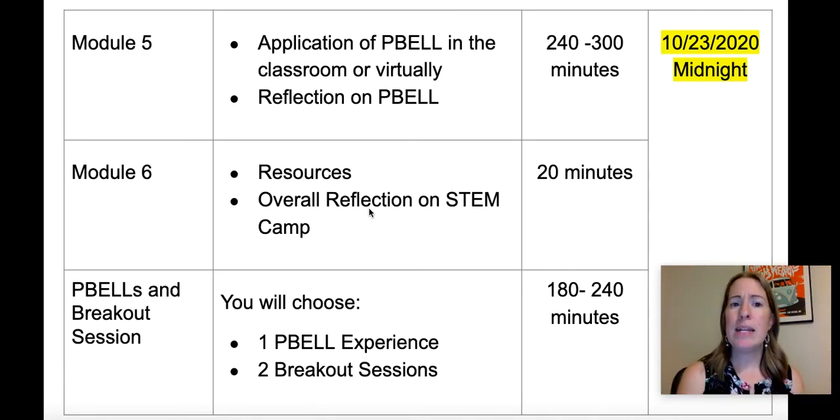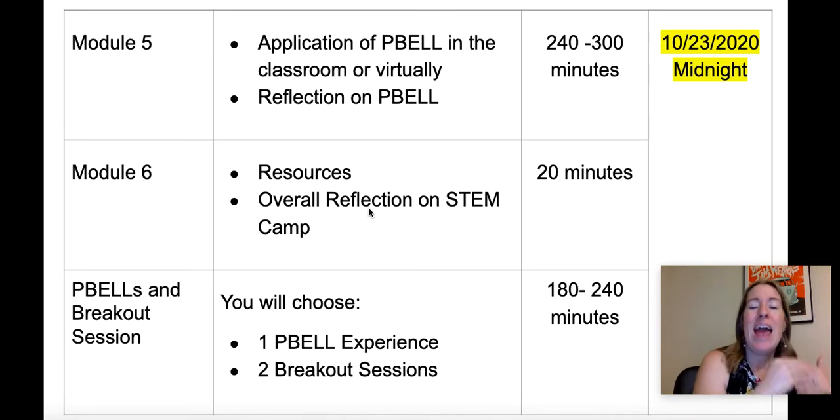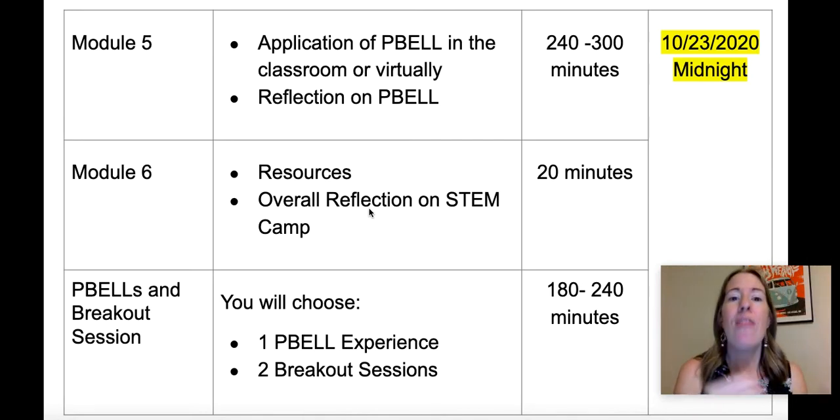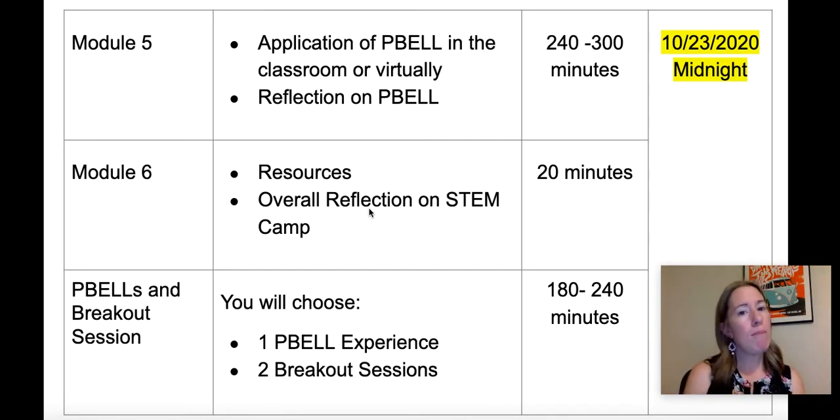It's expected that your application and reflection could take anywhere from 4 to 5 hours because we recognize that you're going to take some time to plan and gather resources, and then you're going to take some time to implement that lesson with your students, and then give you some time for that reflection. So remember that the stipend was increased to $800 for this particular online virtual experience in recognition of the additional work you would have to do to apply.